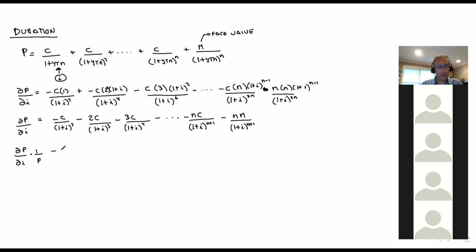It's going to be minus 1 plus I, that multiplies c over 1 plus I plus 2c over 1 plus I squared plus 3c over 1 plus I cubed plus nc over 1 plus I to the n plus nm over 1 plus I to the n.